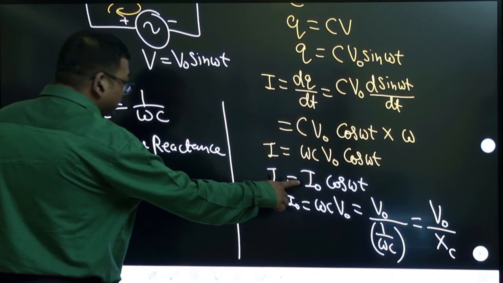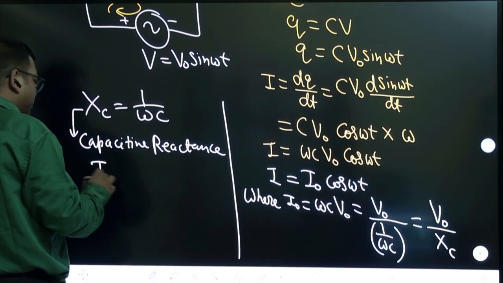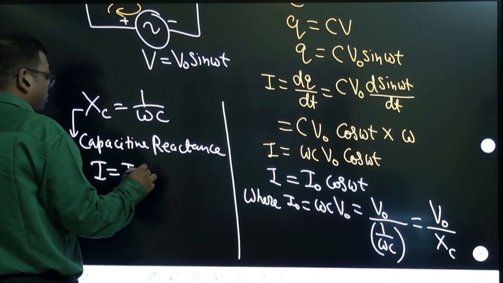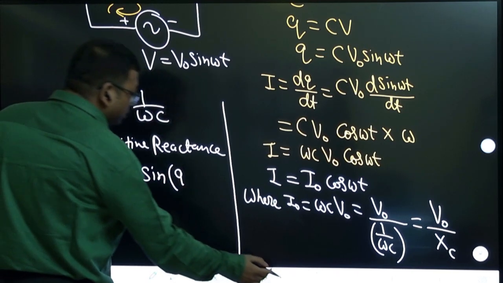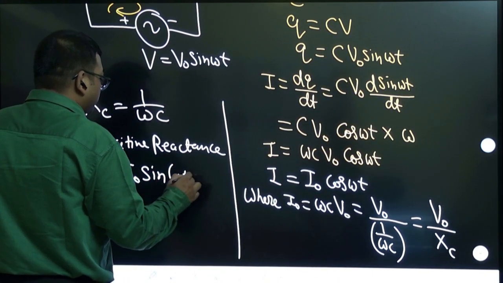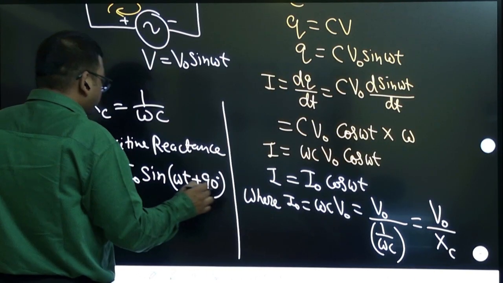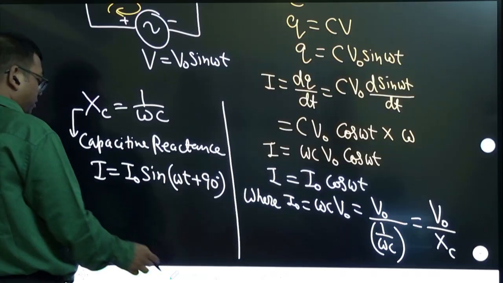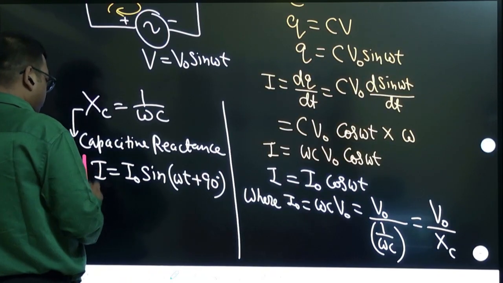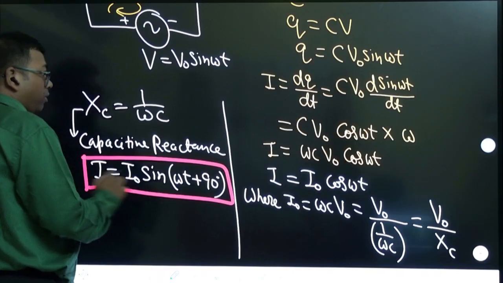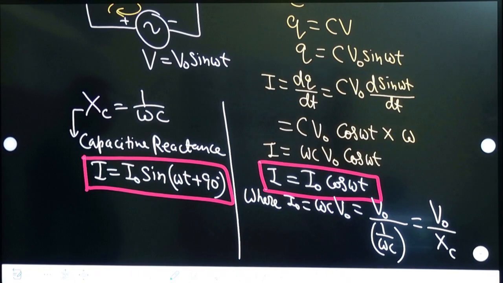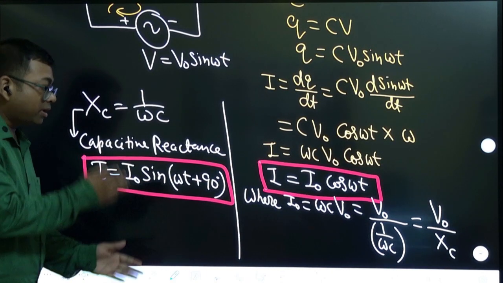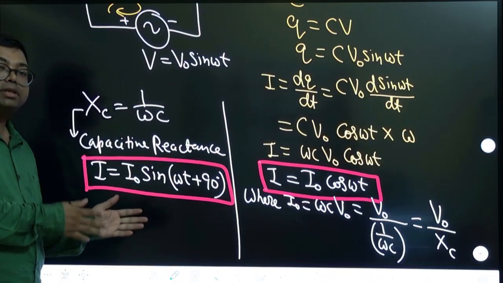Now again this is coming as cos, and we have to bring in sine. So this you can write as sine of omega t plus 90. Current we can write it like this, or you can keep current like this, it doesn't matter, it's the same thing. But we write it so because we have to compare with voltage, which is also in terms of sine.